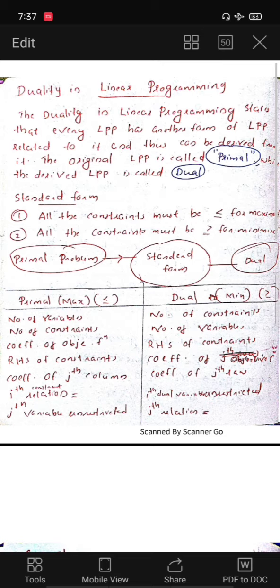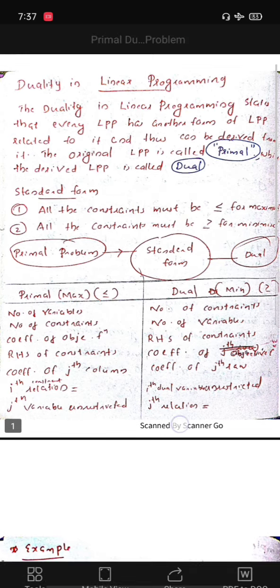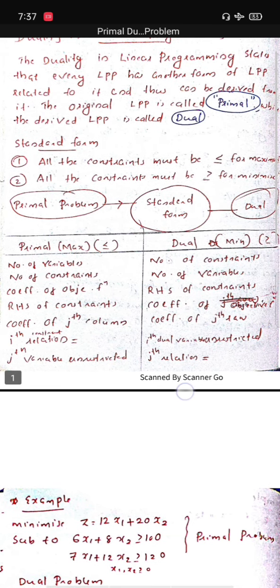So first, before solving for duality, the given original linear programming problem is to be formulated in its standard form. Now we discuss the standard form. The first point: all the constraints must be less than or equal to for maximization, and all the constraints must be greater than or equal to for minimization. That means, suppose our given objective function is of the type maximization, then the corresponding constraints must be of the type less than or equal to.